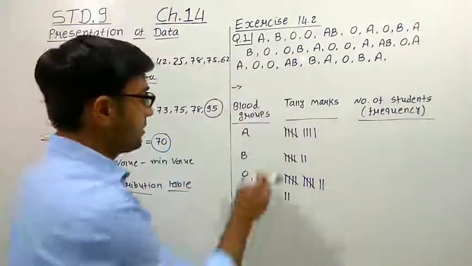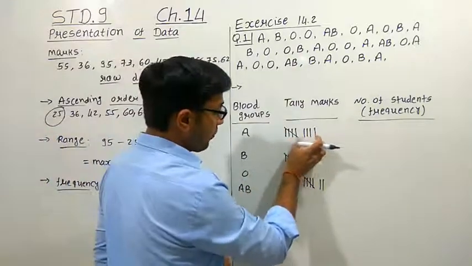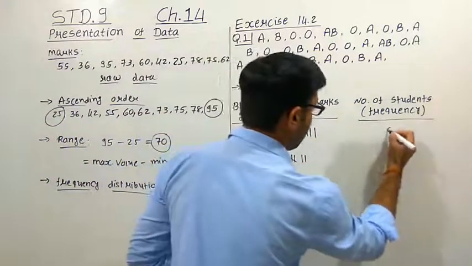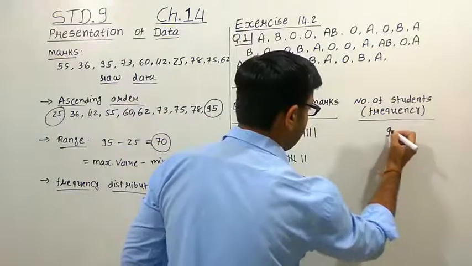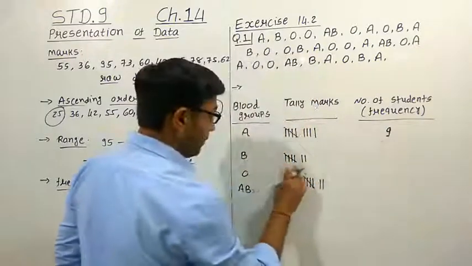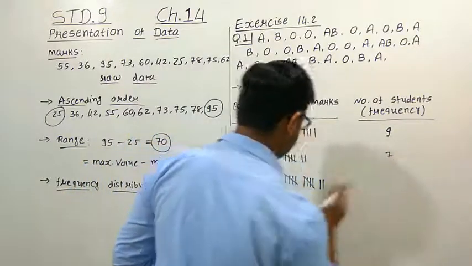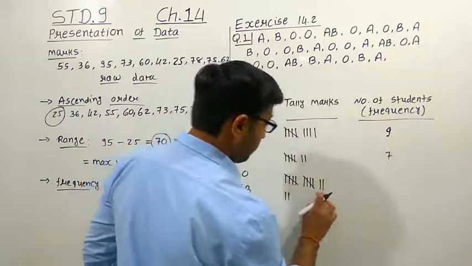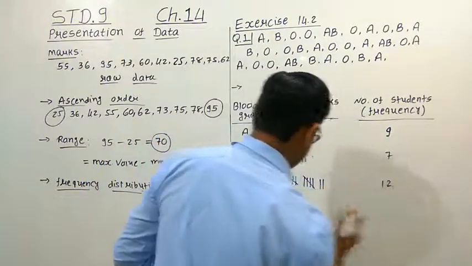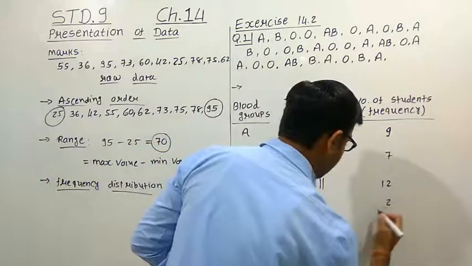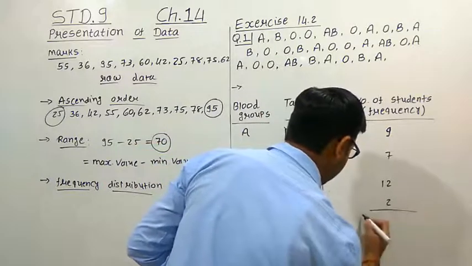Now calculate. This is the bunch of 5 and this is 4. 5 plus 4, so we can write down 9. 5 plus 2, it is 7. 5 plus 5, 10 plus 2, 12. And here it is 2. Now calculate the total.